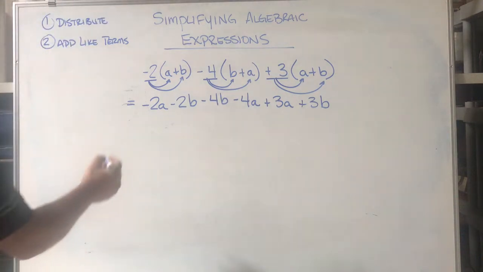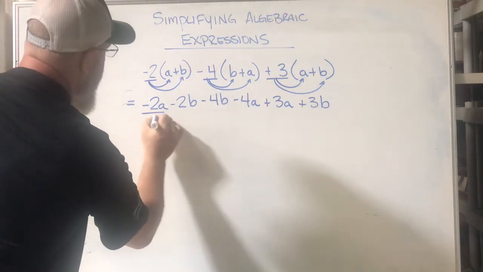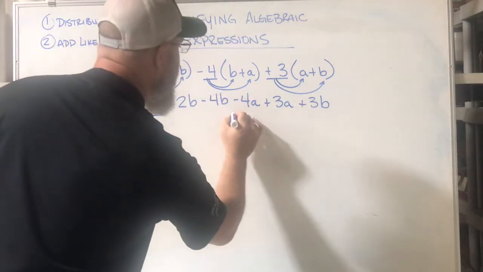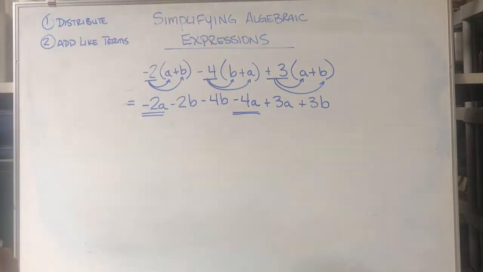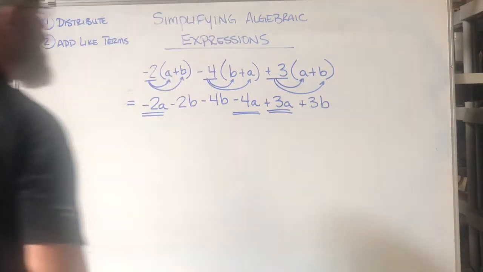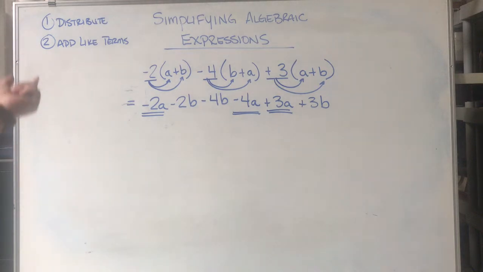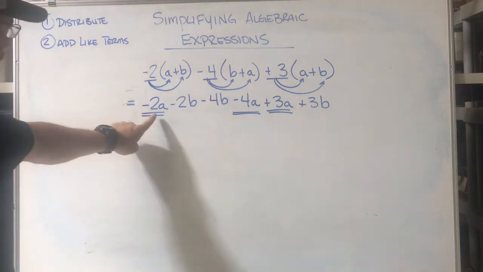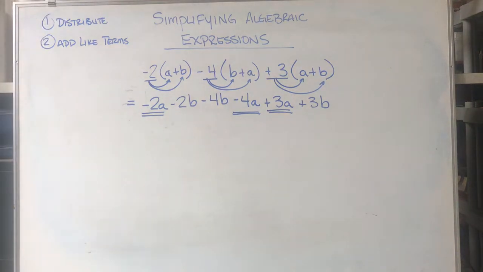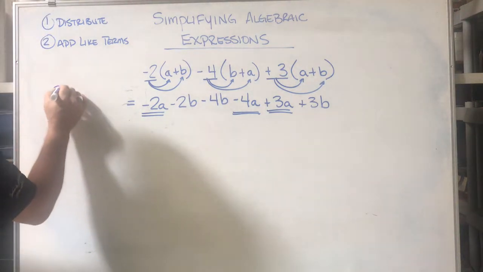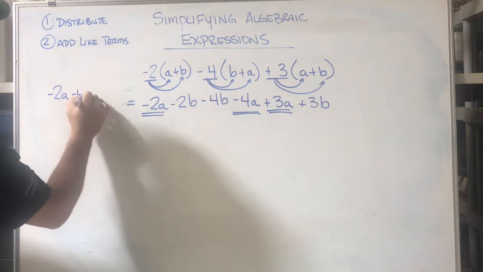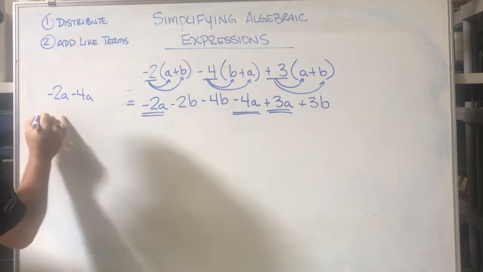So I have negative 2a. I have a negative 4a. And I have a positive 3a. Those are all of my a's. So I can add all my a's together. So if I have negative 2a and I subtract 4a, what does that equal?